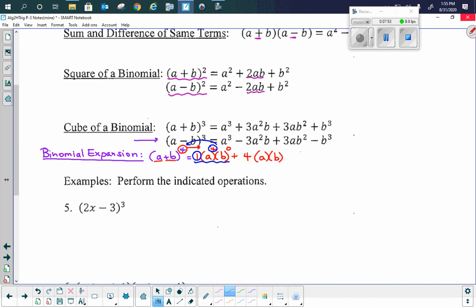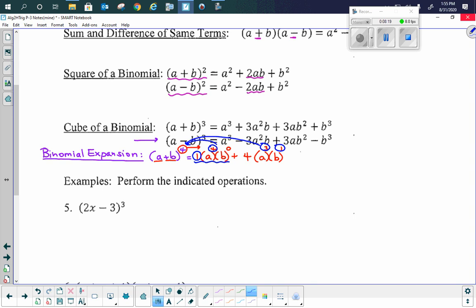The first exponent will always go down by 1, so the a to the fourth now becomes a to the third. Likewise, the second exponent should go up by 1. The 0, b to the 0, will now become b to the first. Don't forget the pattern that we should always be checking. These two have to add up to that original exponent, and 3 plus 1 does add up to 4.